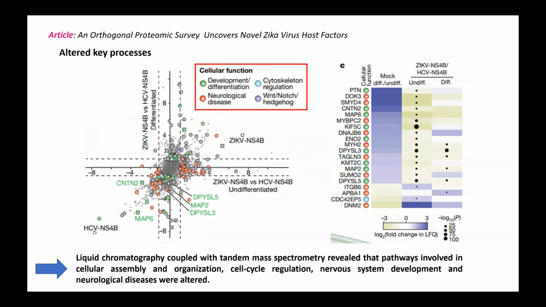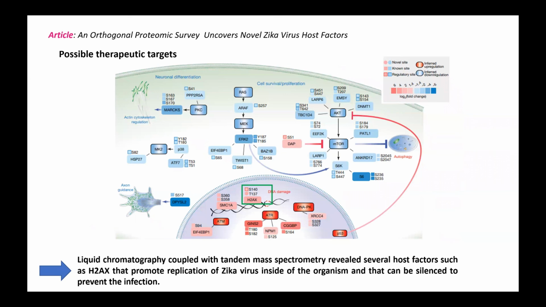This approach allowed mapping of specific modification events along entire cellular pathways, highlighting modulation of key processes such as nervous system development, cellular assembly and organization, cell cycle regulation, etc. This information revealed several host factors that promote replication of Zika virus inside of the organism and that can be silenced to prevent the infection.